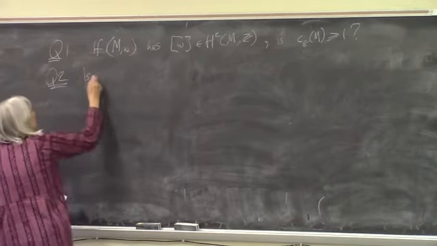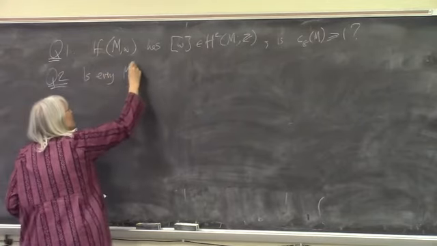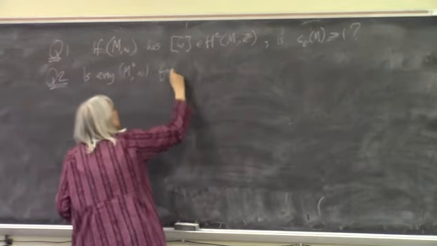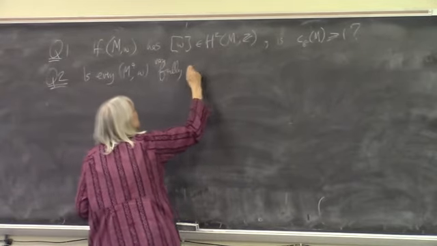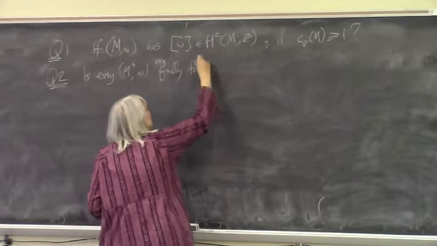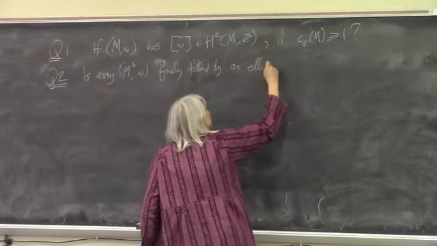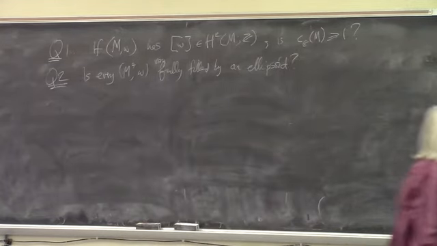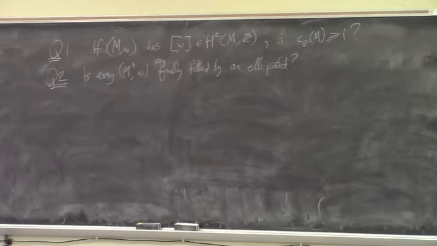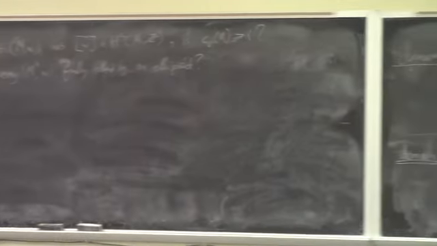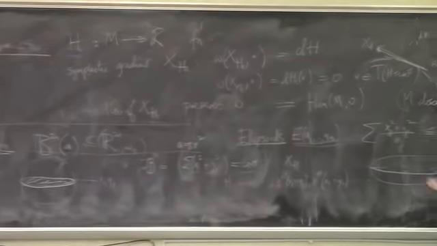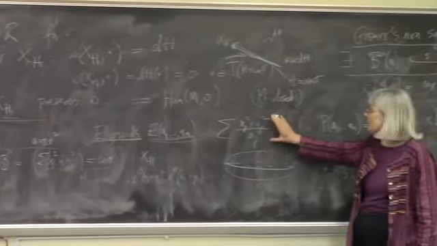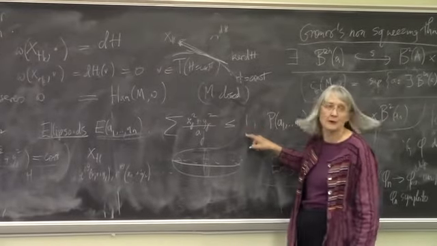Now, another question: is every four-manifold fully filled, actually very fully filled, by an ellipsoid? What that means: I was talking about ellipsoids over here. The basic definition is you take some positive definite quadratic form, and you look at where it's less than or equal to 1. But you can show that there's always a symplectic linear transformation that diagonalizes the symplectic form, so you can always assume your ellipsoid looks like this.